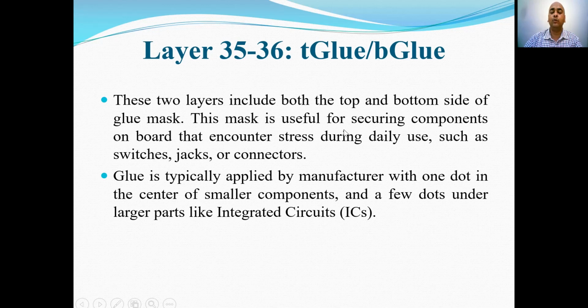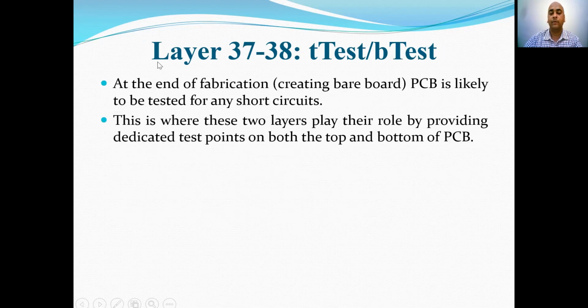This mask is useful for securing components on the board that encounter stress during daily use, such as switches, jacks, or connectors on the PCB. Glue is typically applied by the manufacturer with one dot in the center of smaller components and a few dots under large parts like integrated circuits.